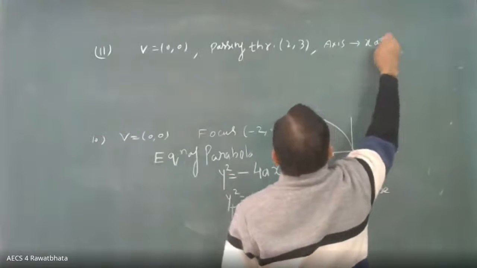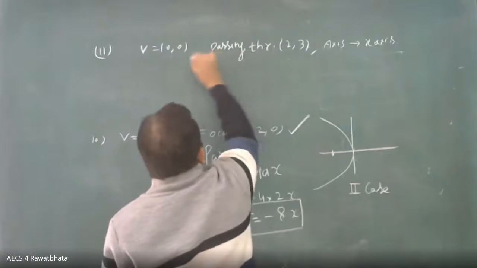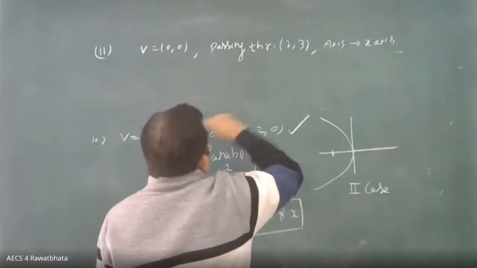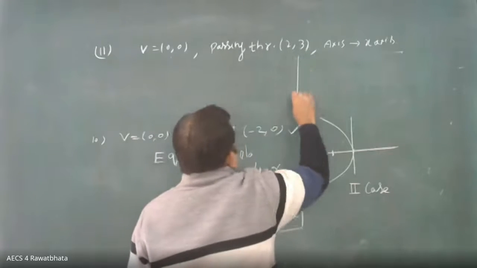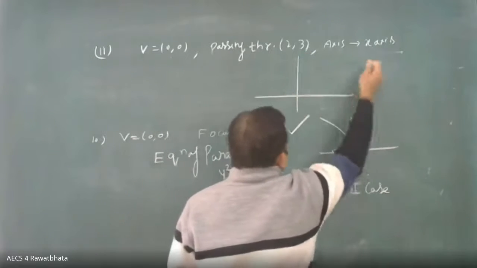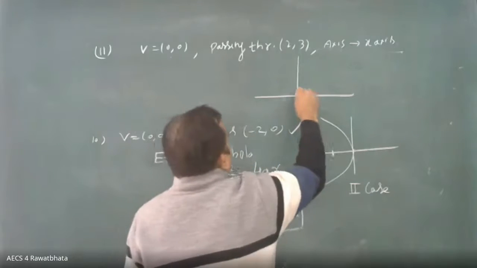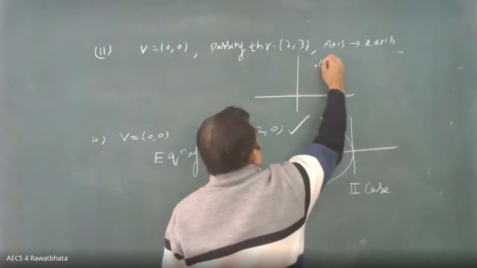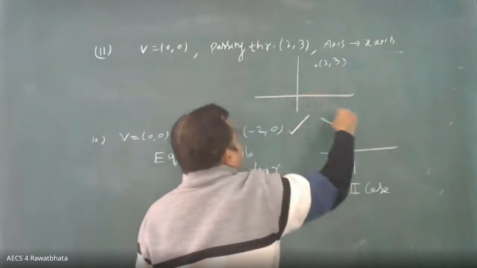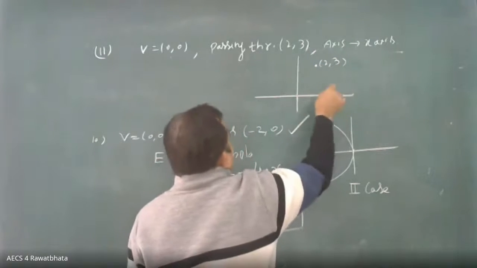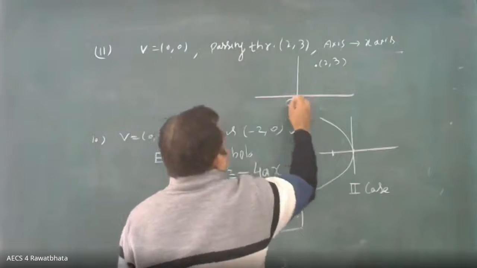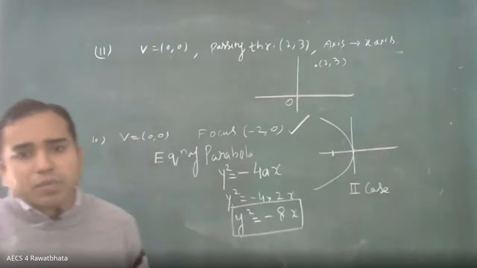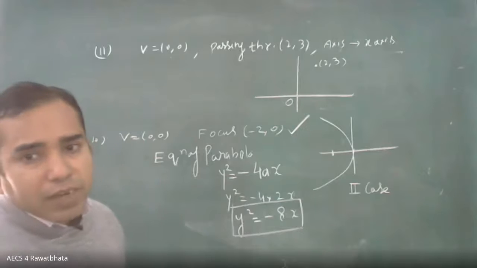So these two things, I think, are enough to decide which case it is. They have told the axis as well; okay, we have to mention the axis. So 2, 3 lies in the first quadrant, and its axis of symmetry is the x-axis, and the vertex is 0, 0. So which case is possible? Can someone tell?